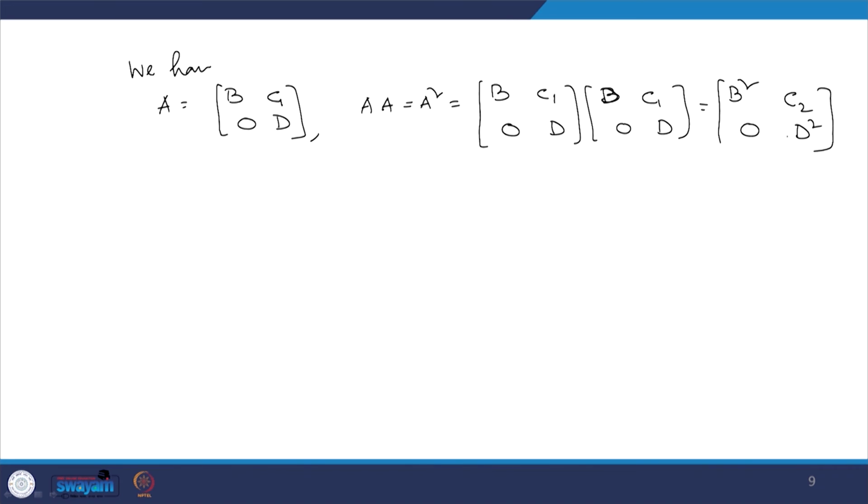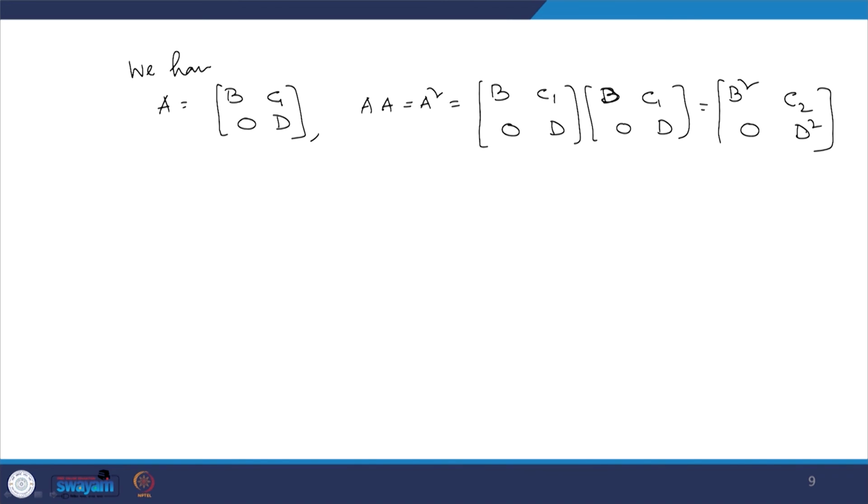So, A square has entries B square and this component, which is basically some other matrix, k cross n minus k, this C 2 matrix, and the other diagonal entry will be D square.